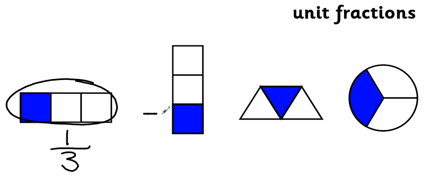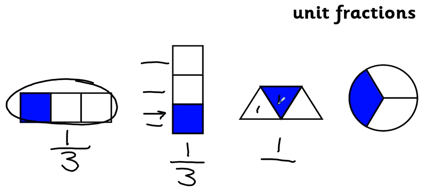Well, we've got one part coloured in of those equal parts out of 1, 2, 3. 1 out of 3. This one here doesn't look exactly the same, but those parts are the same. They are equal parts. One of them is coloured in. How many triangles are there? 1, 2, 3. 1 out of 3.